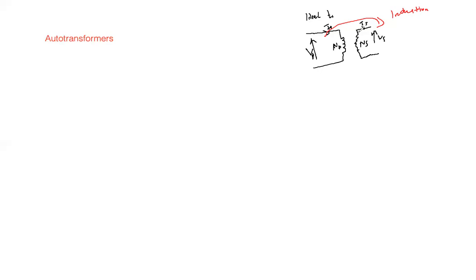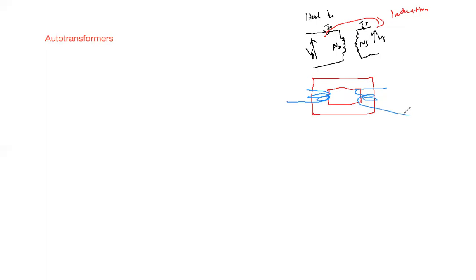Now, with an autotransformer, the difference is that we will have 2 ways in which energy is being transferred. Normally, if we were drawing the physical drawing of the transformer, we would have coils on the primary side and coils on the secondary side, and they are not electrically connected.